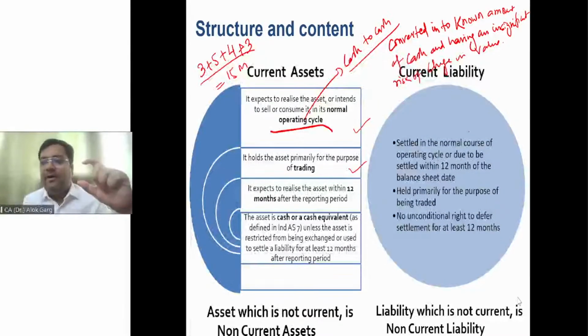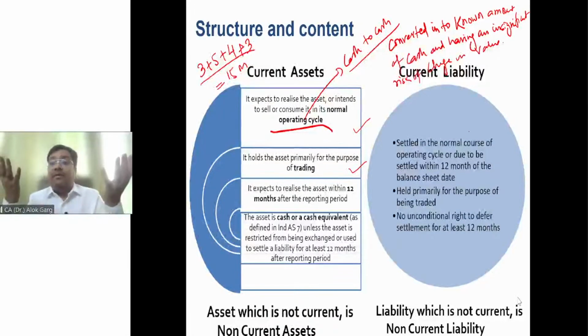Liquidity is a positive word. Liquidation is a negative word, right? If someone is saying, I have a high liquidity, it means I have a high amount of cash. If someone is saying, I am liquidating my business, it means I am stopping my business. So you understand that? Okay.